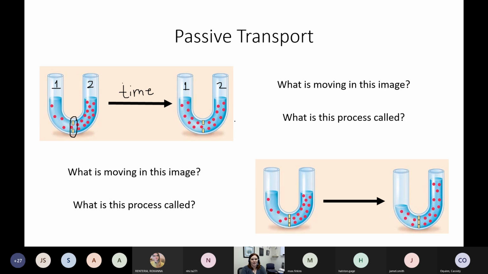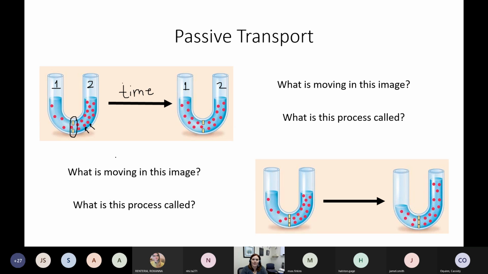Let's do some terminology review from before. I've got two solutions here. The way that I determine who has a higher concentration or a lower concentration is by looking at the number of solutes. So solutes are the dissolved things. In this case, it's these little red dots. So not a trick question.